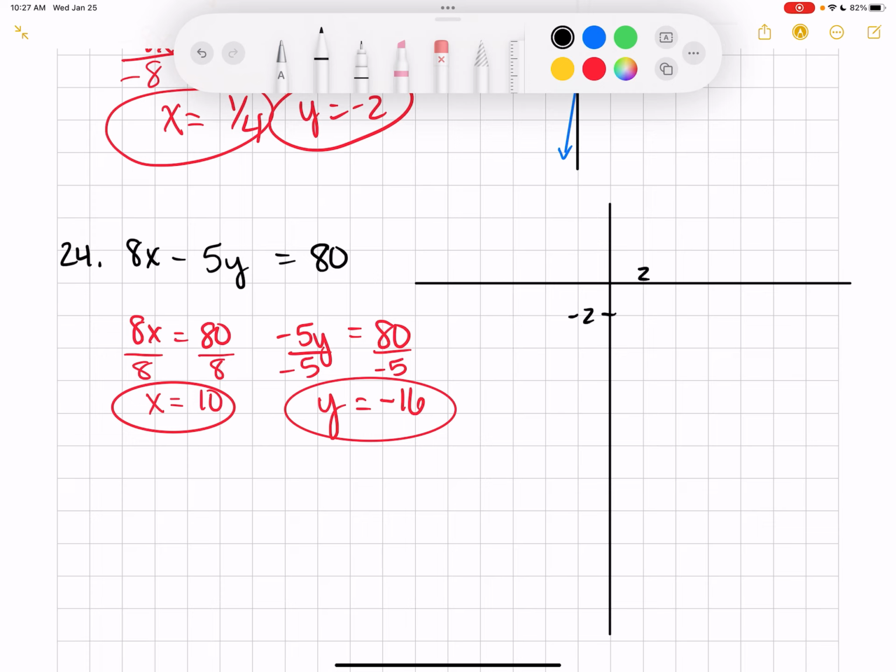That's what each of those is representing. So x is 10, so I'm counting in increments of 2: 2, 4, 6, 8, 10. So 5 lines over, but that's to represent 10. And then y is -16, so then I need to go down 2, 4, 6, 8, 10, 12, 14, 16. And so my graph is still kind of big, but not unreasonable to deal with.